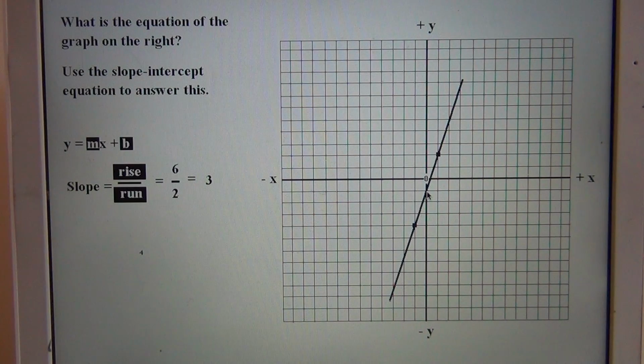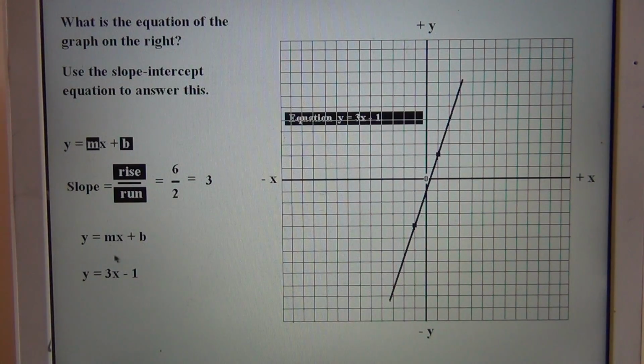At -1, because we're going down 1, so it's -1. So the equation is y equals 3x minus 1, because the y-intercept is -1. Pretty straightforward, pretty simple.